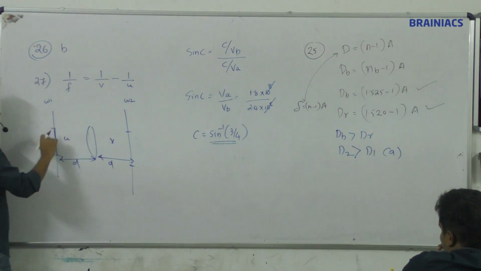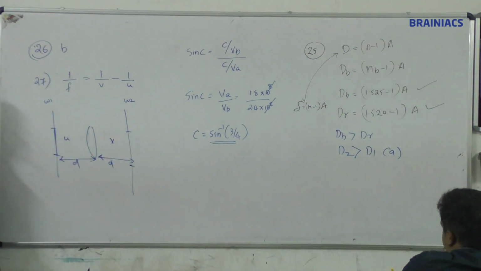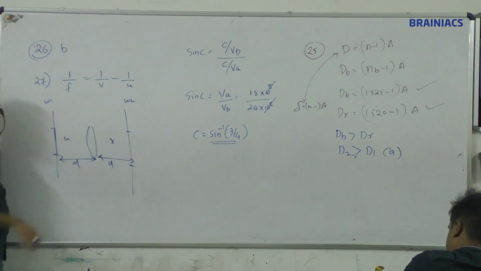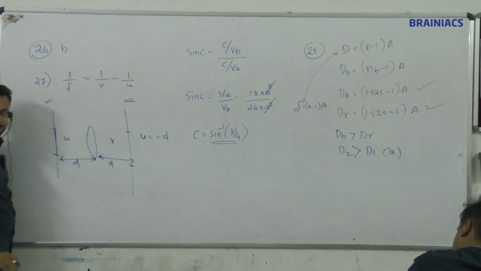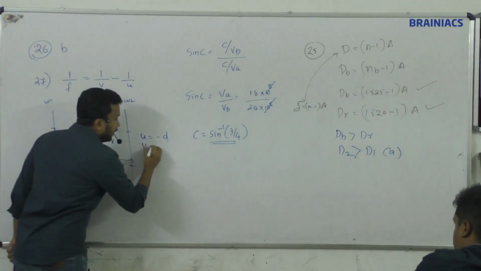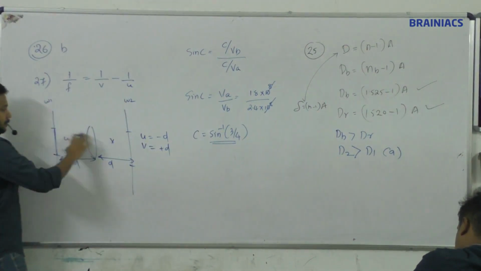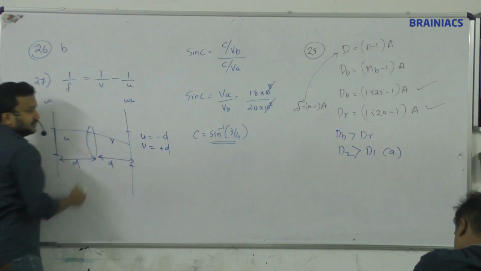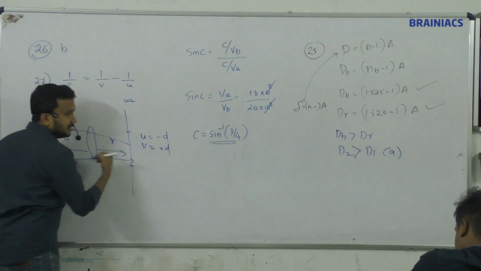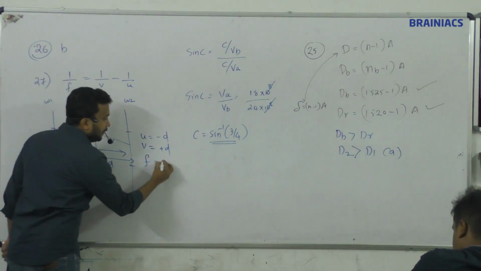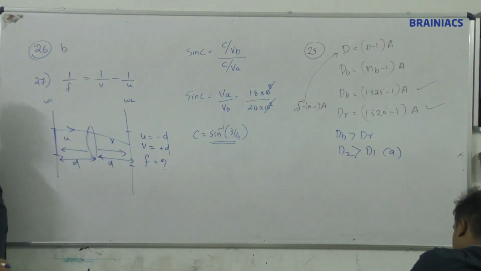Then only I will get the same size of object and image. So here U is equal to minus D and V is equal to plus D. Light rays are coming from the object and the image forms here, so object distance U is minus and V is plus. Focal length F we need to find out. Substitute in the lens formula and you will get the answer.